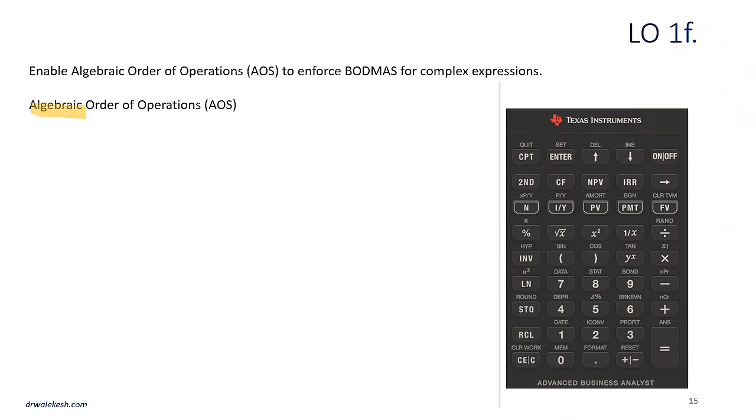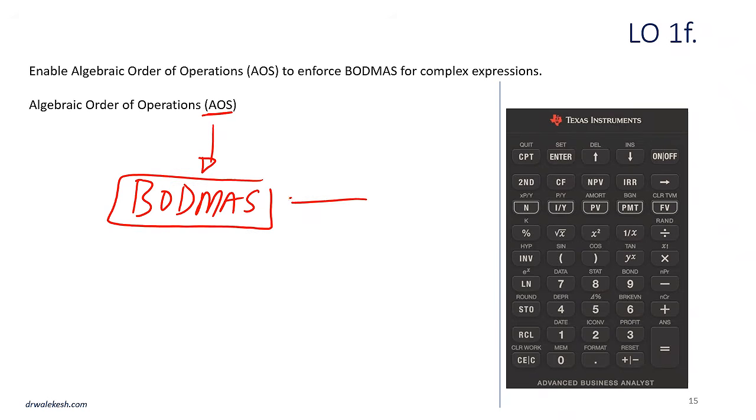Let us move on to algebraic order of operations, AOS mode. As far as AOS mode is concerned, it implies that you are interested in converting your financial calculator to follow BODMAS.